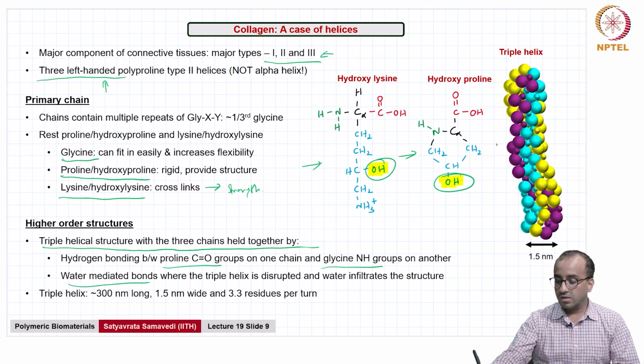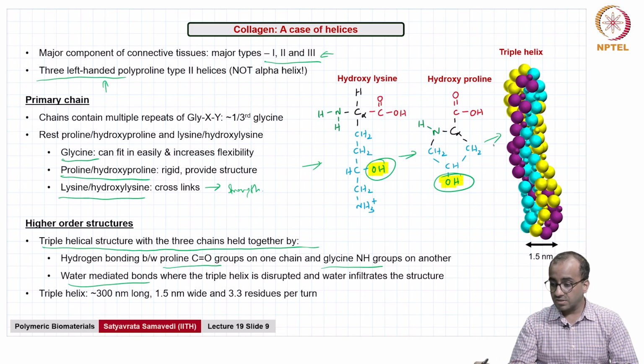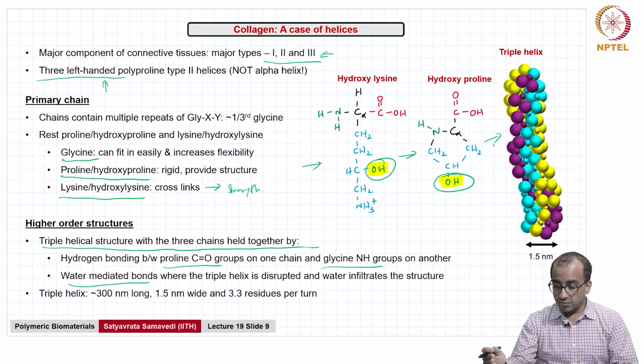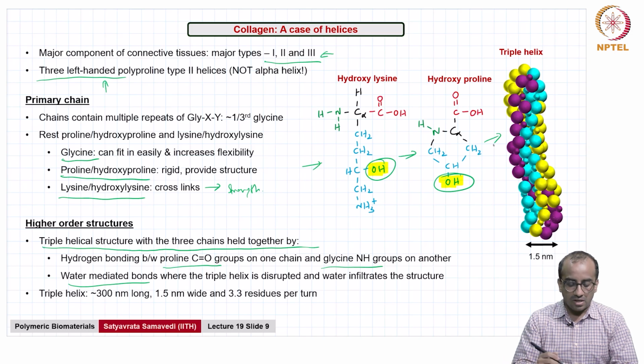So shown here is a schematic of what the triple helix structure will look like, where you see 3 different colors. One is yellow, the other is cyan, the other is purple, and you see that each of those colors represent one distinct polyproline type 2 helix, and together they intertwine to form this triple helical structure of collagen.